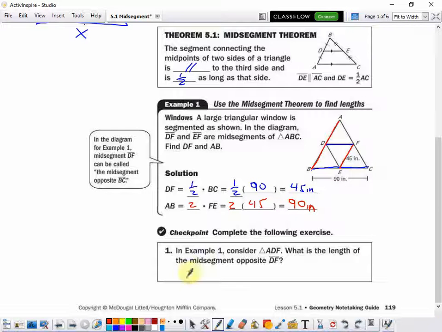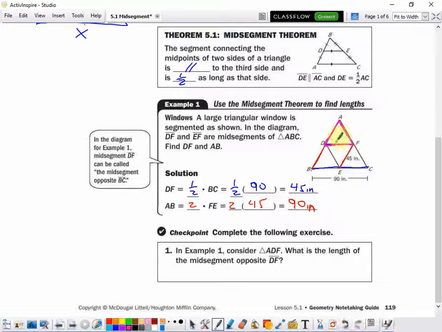Okay, so I'd like you to pause the video and try to answer question 1. So in example 1, consider triangle ADF. Okay, so ADF is this triangle right here. What is the length of the mid-segment opposite DF?